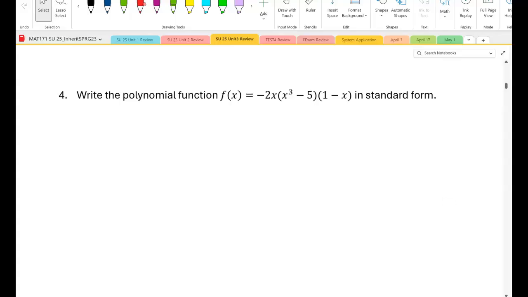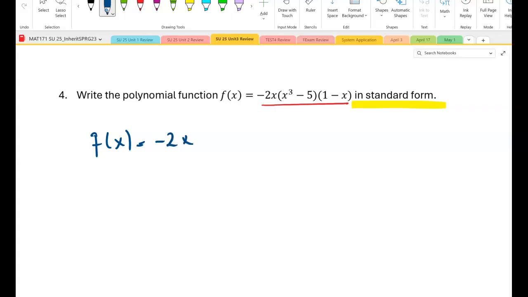Question 4. Write the polynomial in standard form. Remind ourselves what was standard form. This is not standard form. This is in linear factors. So I need to open up this polynomial. Negative x, because there are two binomial terms.